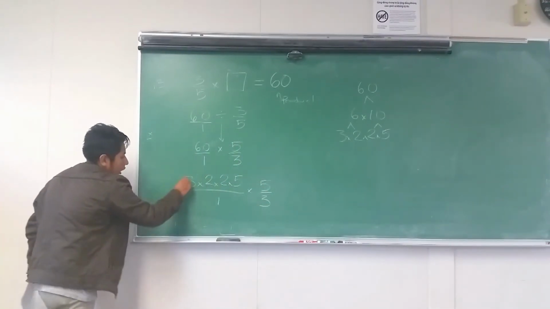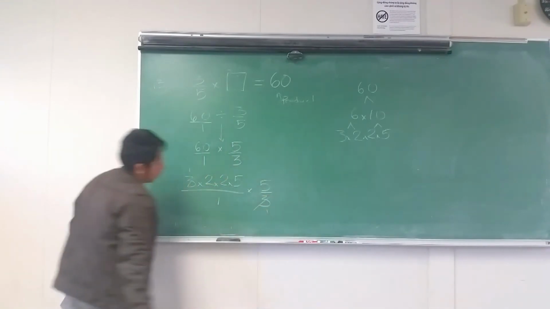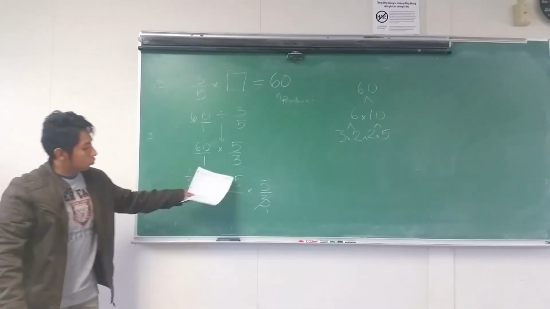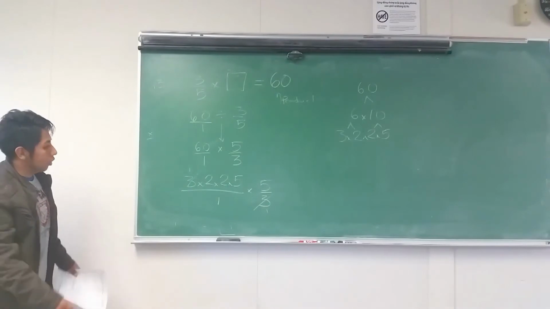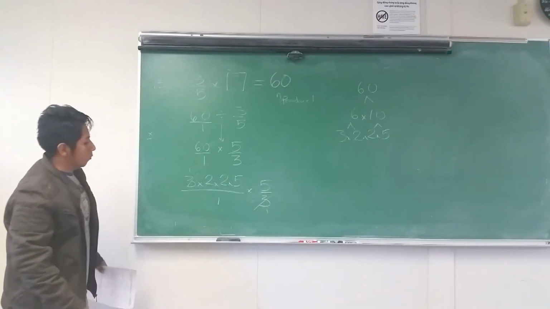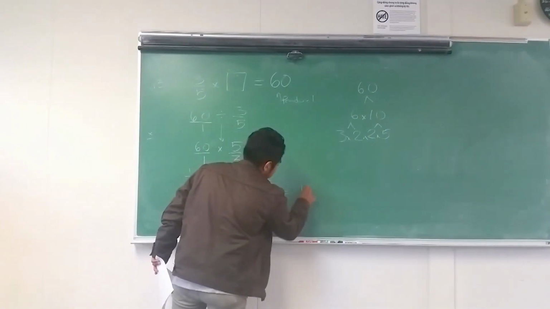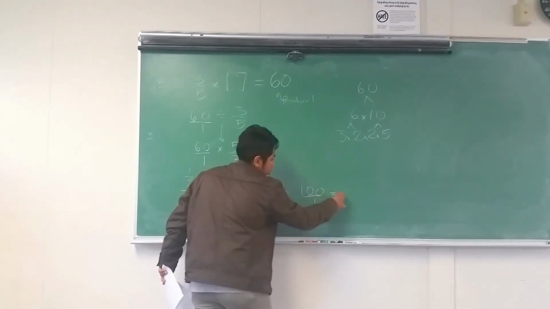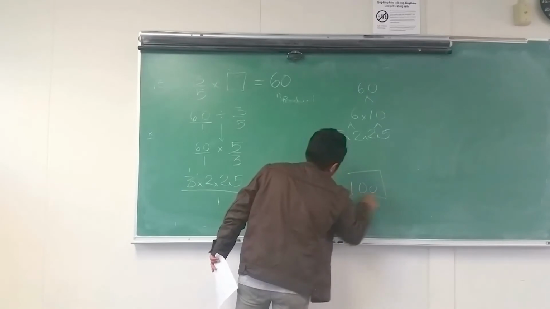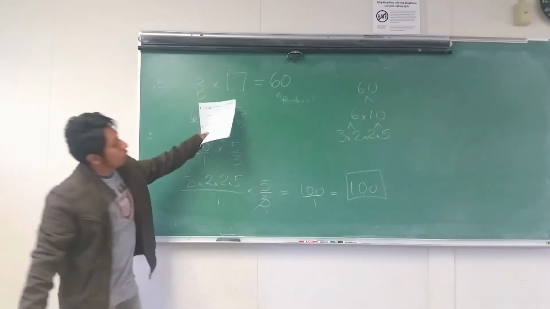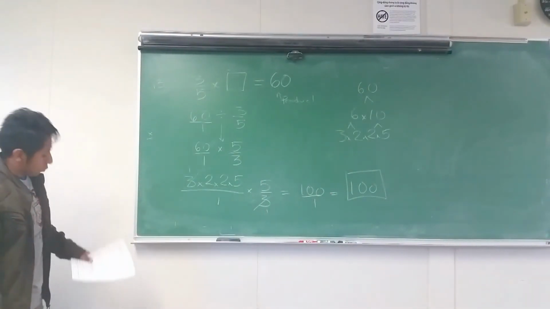Time for canceling. I have a 3 and another 3 here. So you're left with 2 times 2 times 5, which is 20, times the 5 is 100. 100 over 1 is just 100. Therefore, your missing multiplier is 100.